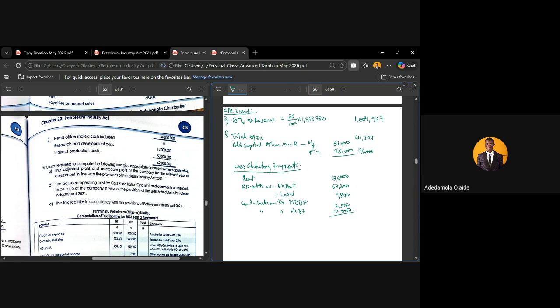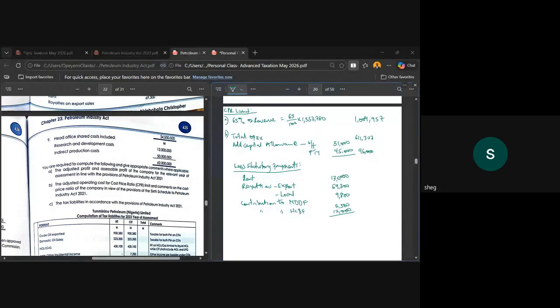What's the issue with calculating this figure now? We still have a long way to go. I'm using my calculator to add it because I can't see the screen.